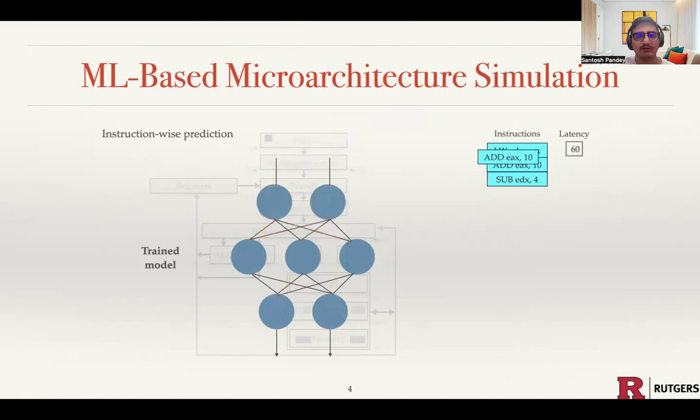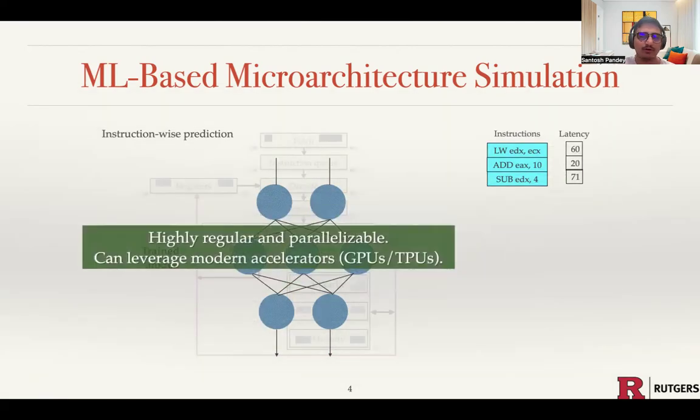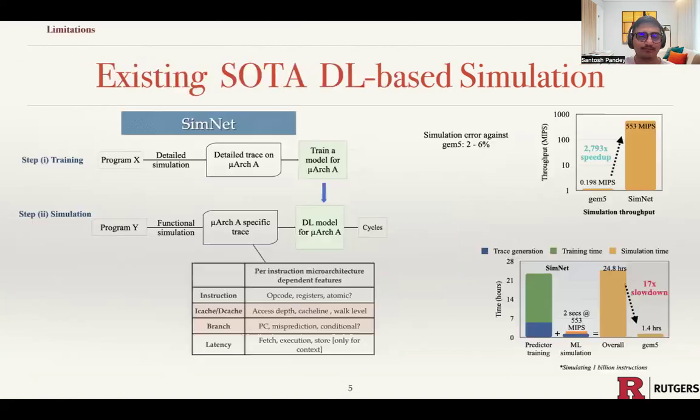Here we do one-shot prediction for each instruction, and then we get the overall cycles for these instructions. This kind of workflow is highly regular and parallelizable, and can leverage modern accelerators like GPUs and TPUs to do fast simulation.